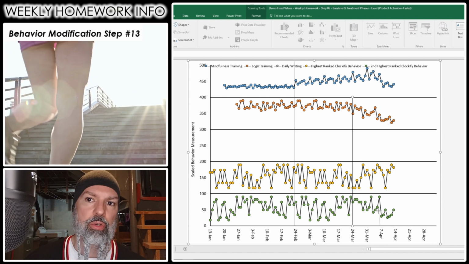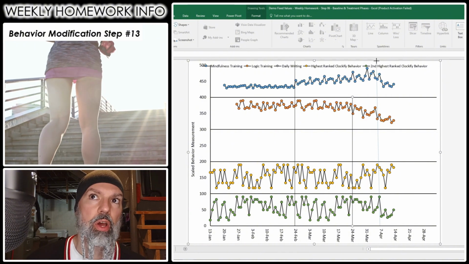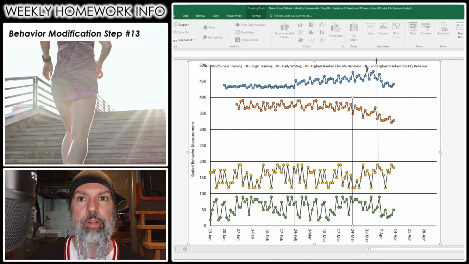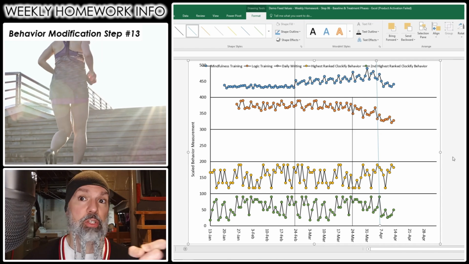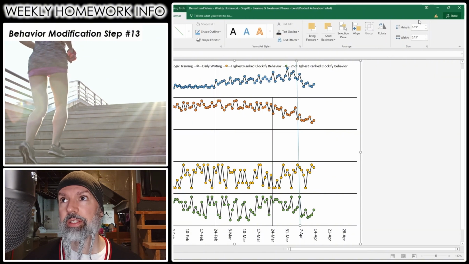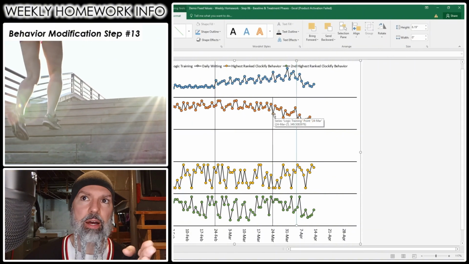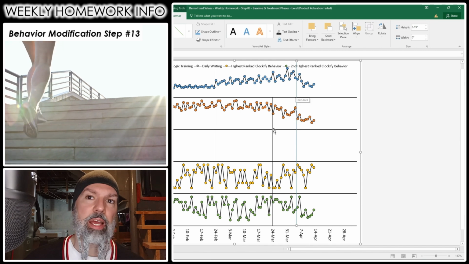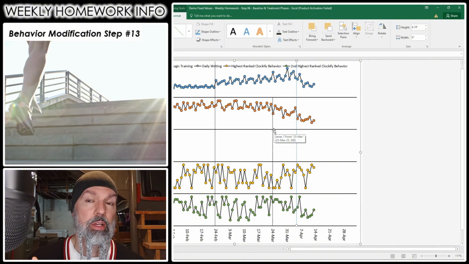And we are going to draw our phase change line so that we know when we removed those reinforcers, when we started up that reversal procedure. Once you draw your line, you can go up here where it says height and width, and we can make that width down to 0. So it's a nice straight up and down line. And once we have that line in position, now we know where the reversal occurred.